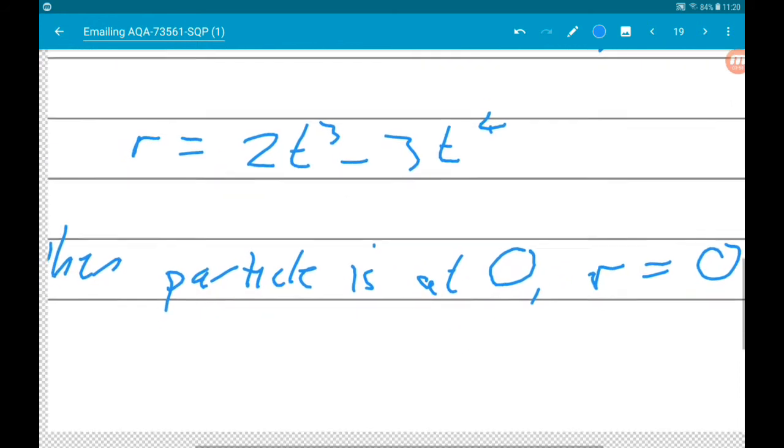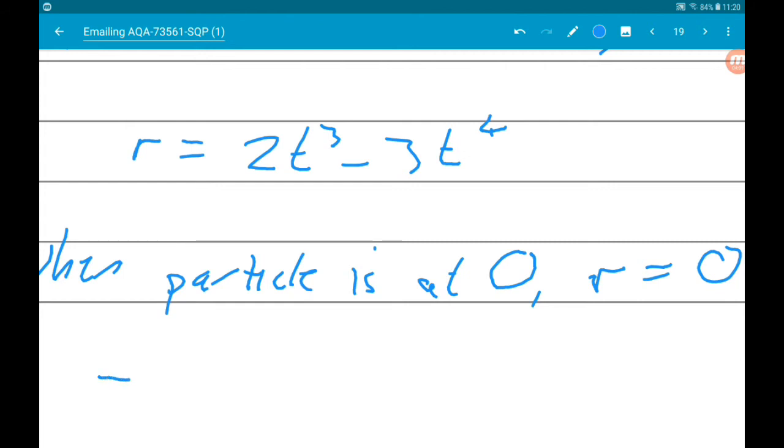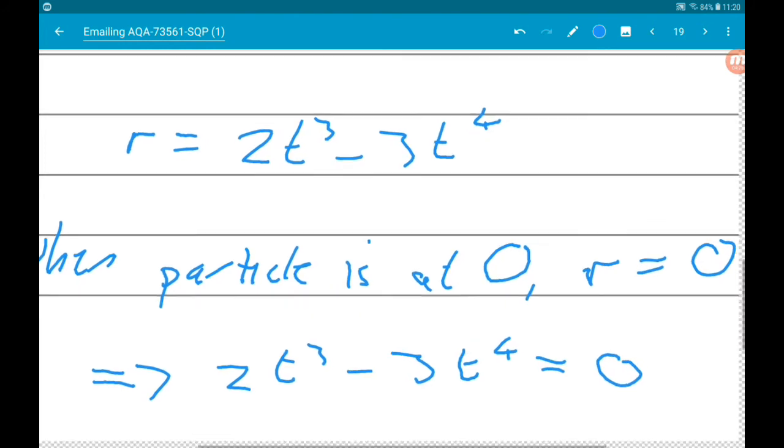So, we set our expression for r equal to 0. So, 2t cubed minus 3t to the power of 4 is equal to 0.